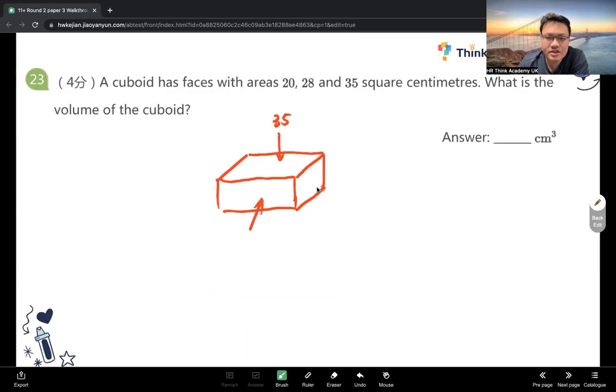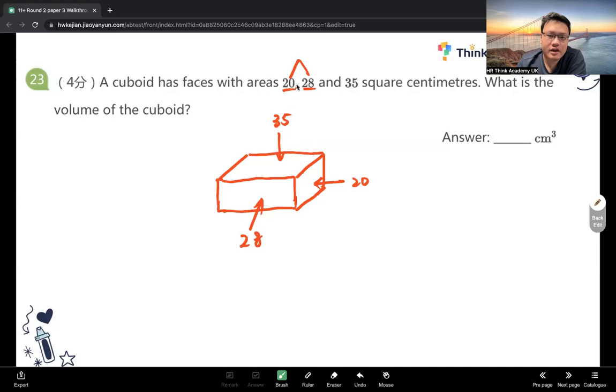And I suggest you to find the factors of the area, because that way it is possible for you to get the length of each side, right? And let's see, the area of this one is 28 and this one is 20. And basically, you're going to find the common factor of these two numbers and then find the common factor of each two. So you'll find the set length.